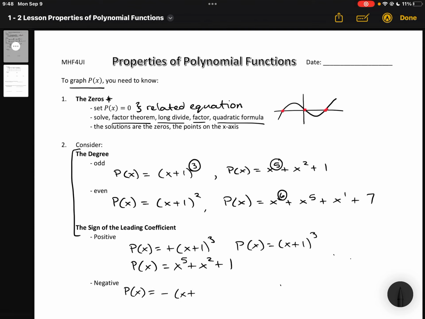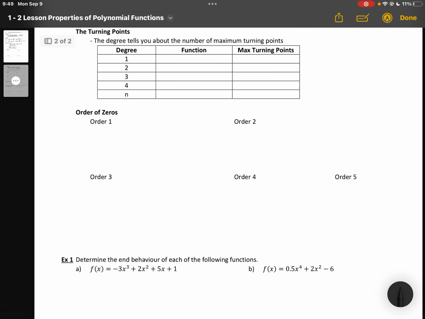So it might have a negative sign at the front, or the first term might be negative if it's written out in expanded form. So those two things are going to help you to determine the end behavior.